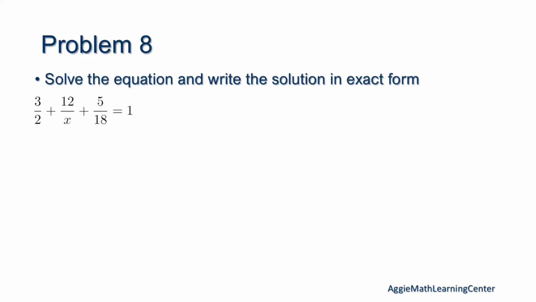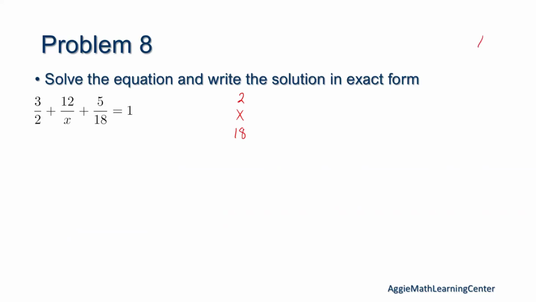So these all have different denominators. We want to get them all to have the same denominator. So I've got a 2, an x, and an 18. Is there any common terms in here? No. Not really.